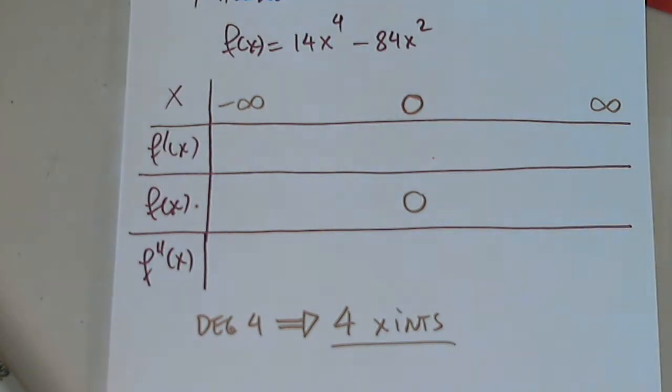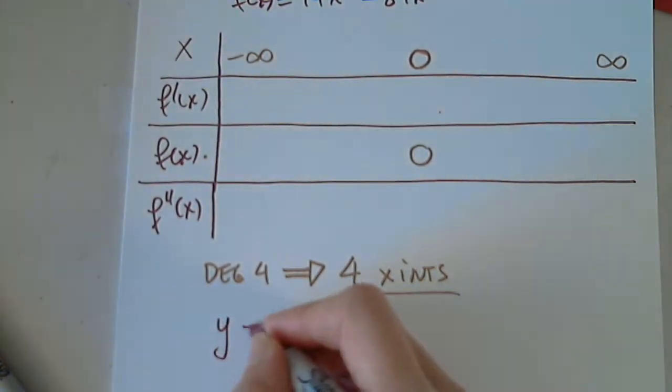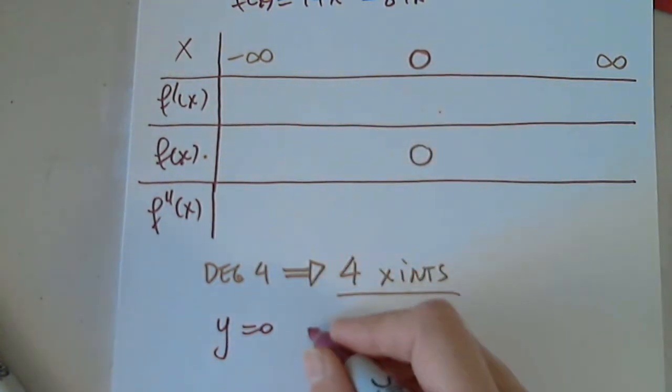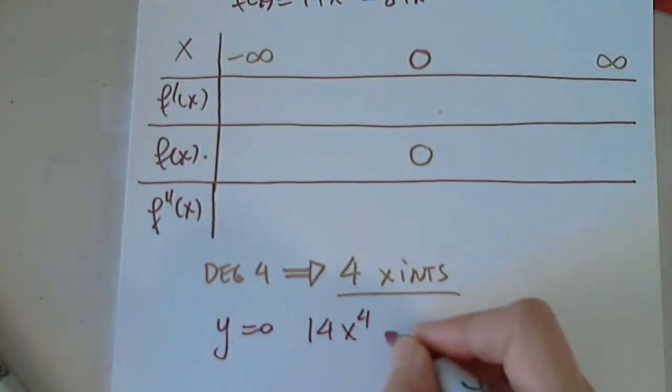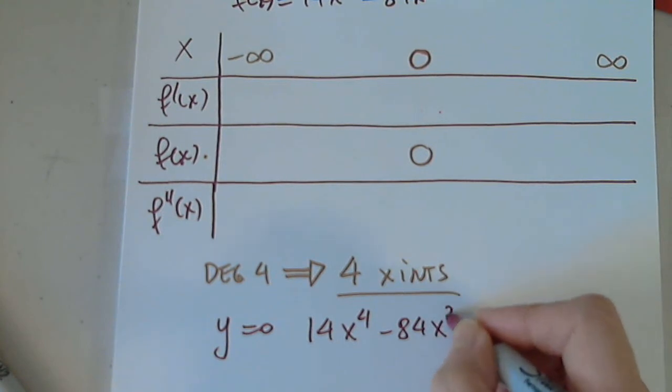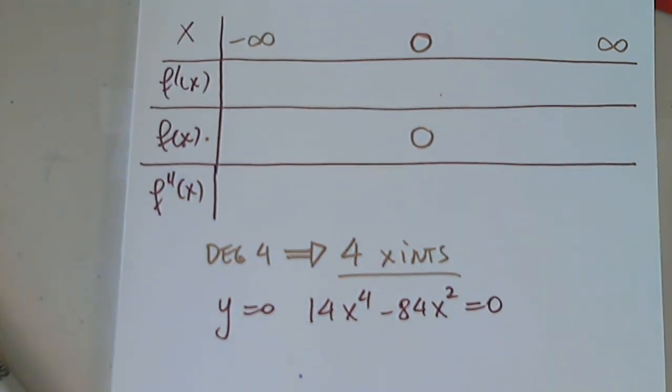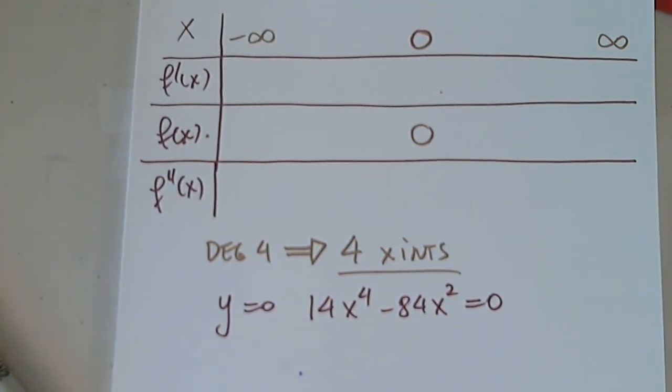Okay, the next step, I want to solve the equation y equals 0, or f of x equals 0, which is 14x to the fourth minus 84x squared equals 0. Let's see what I can divide by. Can I divide by 14? Can I divide by 2? I can divide by 2, and then this will be 42.